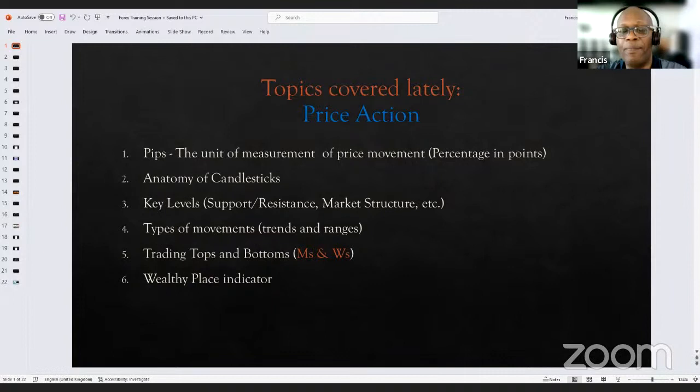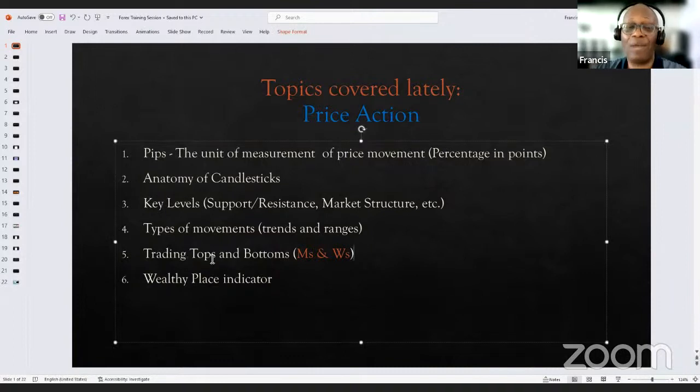Obviously, if you are not very familiar with price action or a lot of price action techniques, then this should help you. I've simplified it as much as I believe will be easy for you to understand.